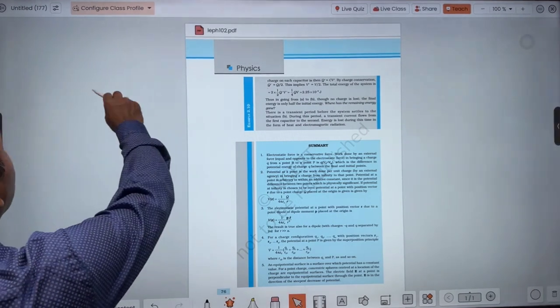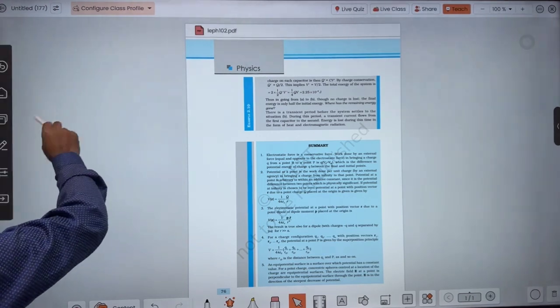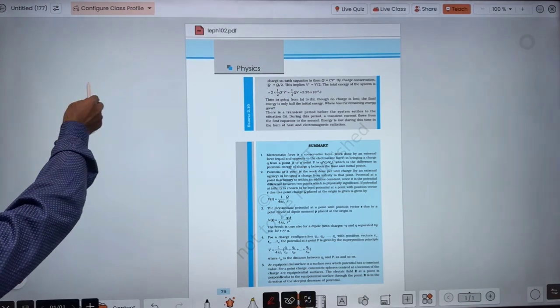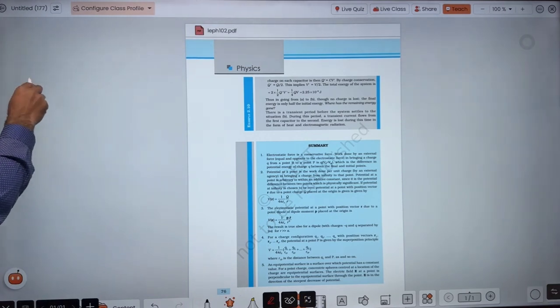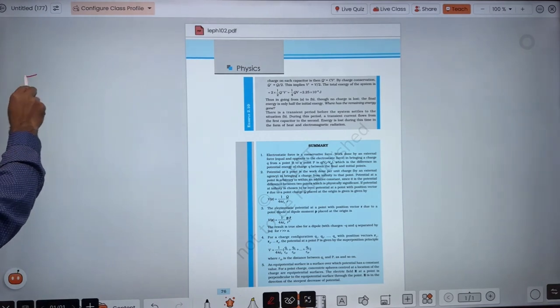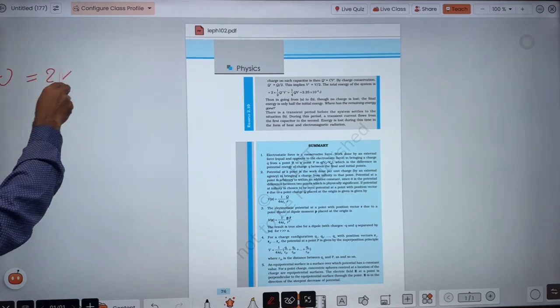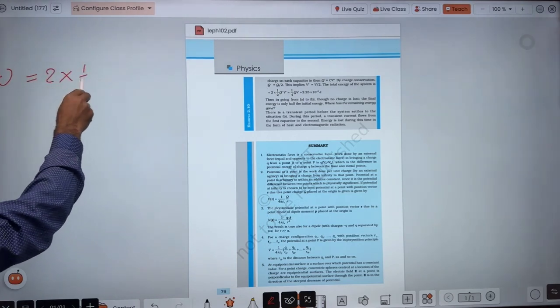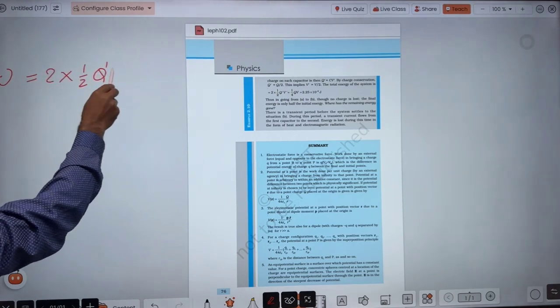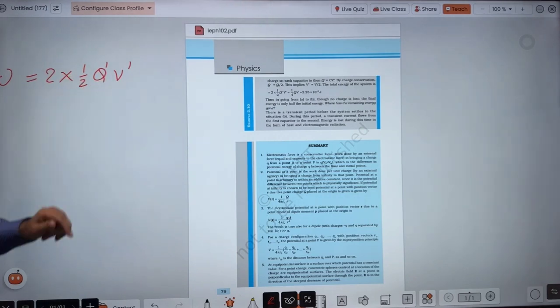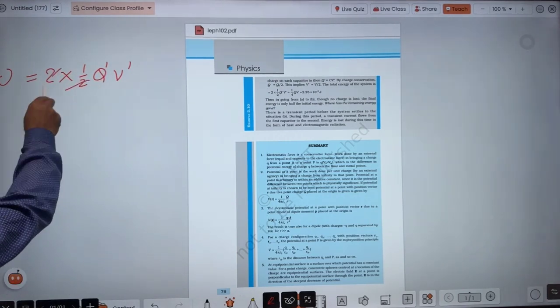And if you remember, energy stored is given by either half CV square or half QV. If you write half QV, there are two capacitors, so the total energy stored U is half QV each. So here Q dash into V dash, where charge is equally shared, and the voltage we have found becomes half. So 2 will cancel out.